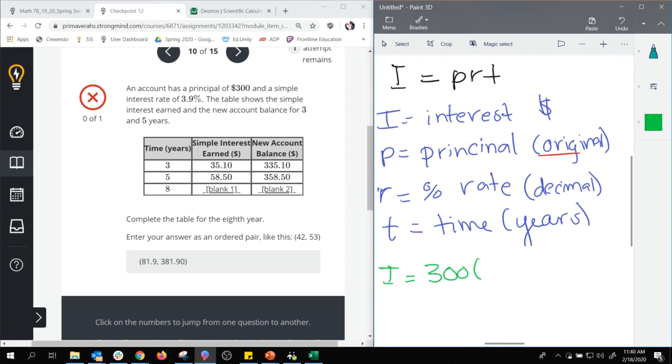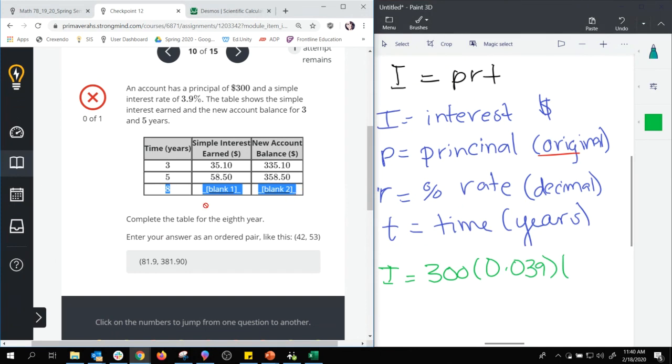Remember, we have to change it to a decimal. 0.039, perfect. And then how many years are we leaving it in our account? Remember, we're looking at the very bottom row of the table, because this is where our blanks are. This is what we're trying to figure out. So how many years has it been? 8 years, perfect. So we're going to multiply this by 8.